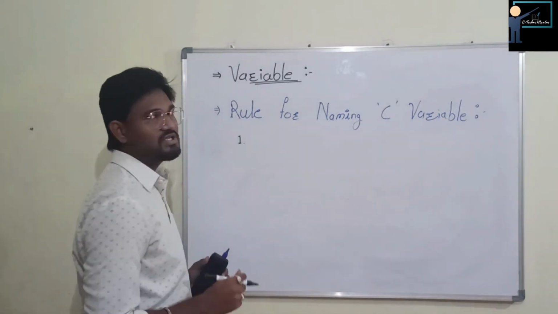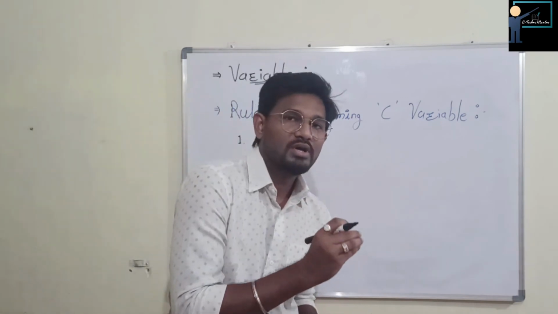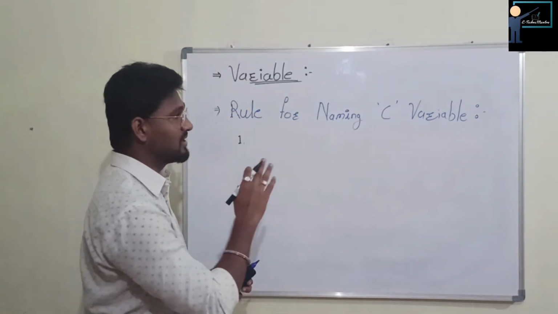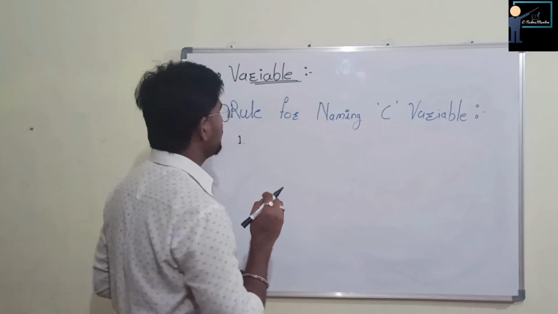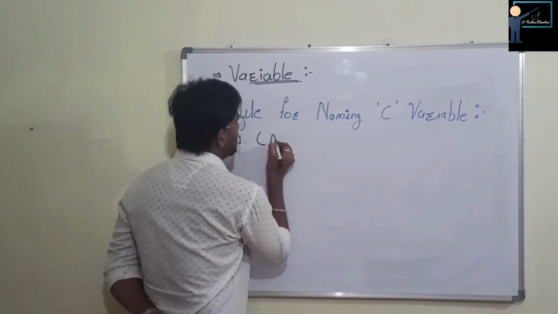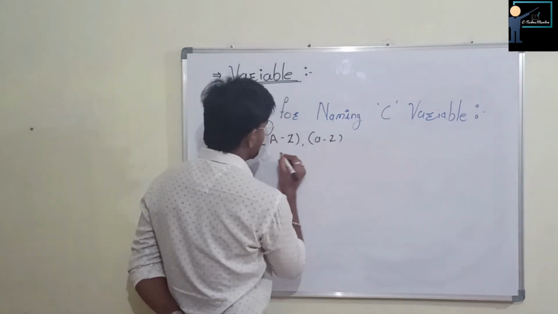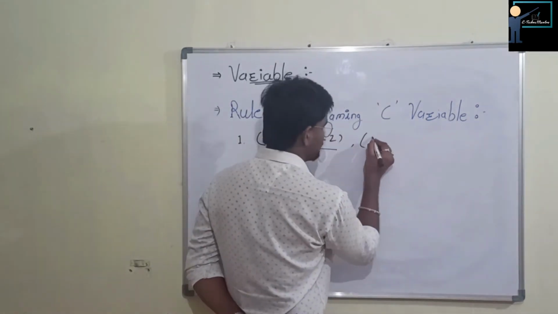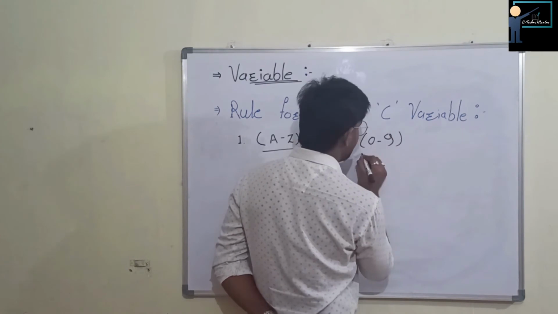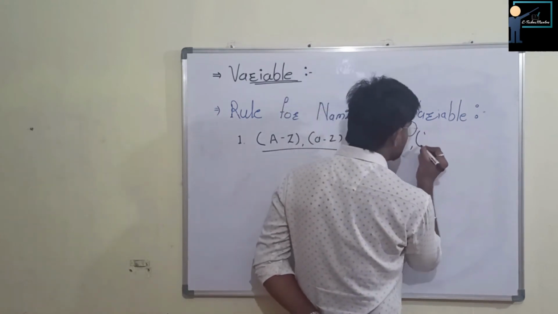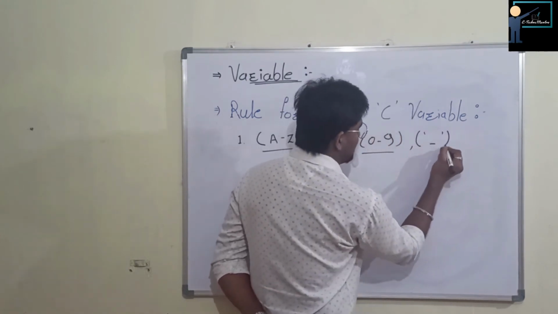The first rule is, whenever you name any variable, you can use alphabets, capital A to Z or small a to z, or numbers 0 to 9, or only one special character, that is underscore.